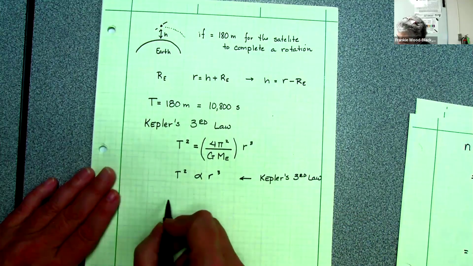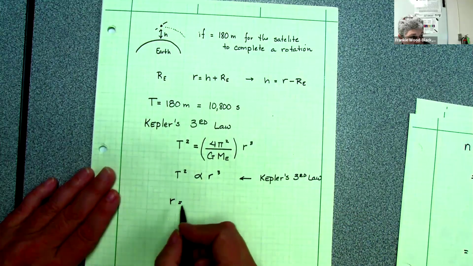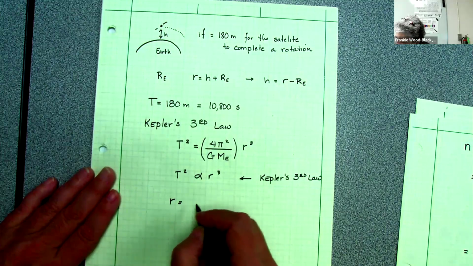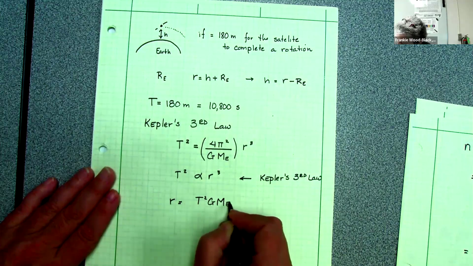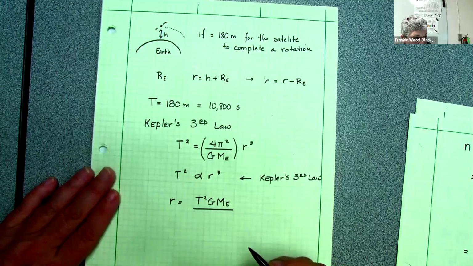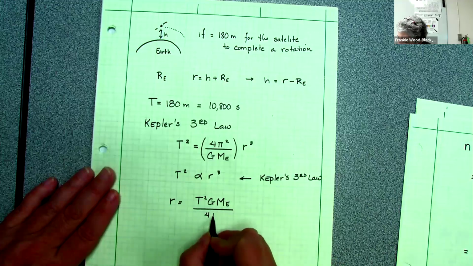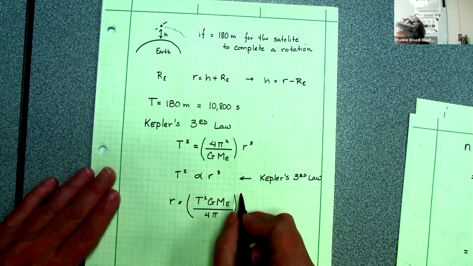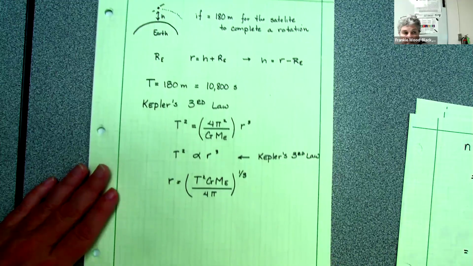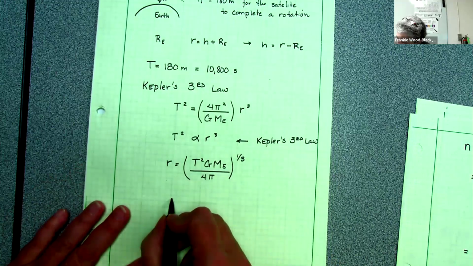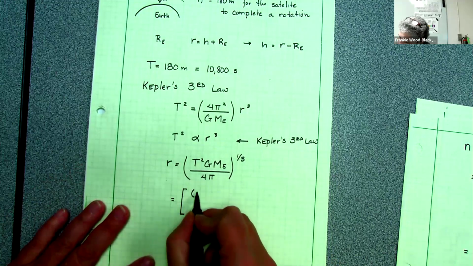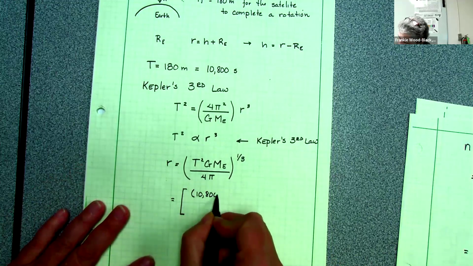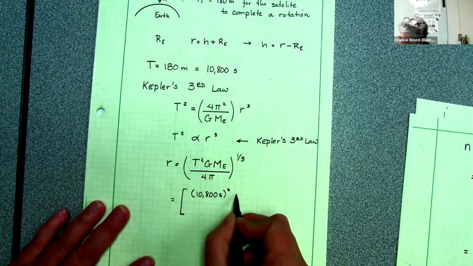So we can solve for R. R is going to equal the cube root of T squared G times the mass of the Earth over 4 pi squared. So we're going to plug in our numbers. I'm going to get 10,800 seconds squared.